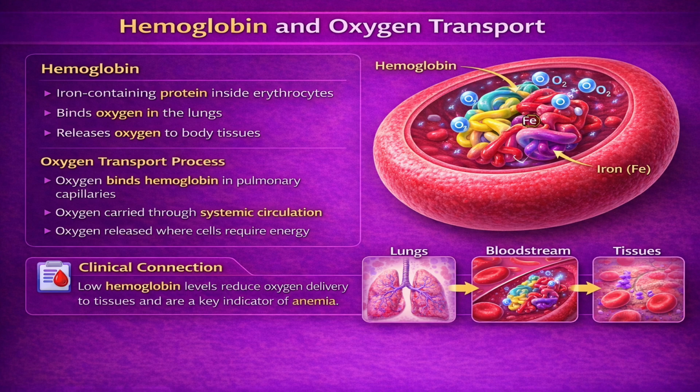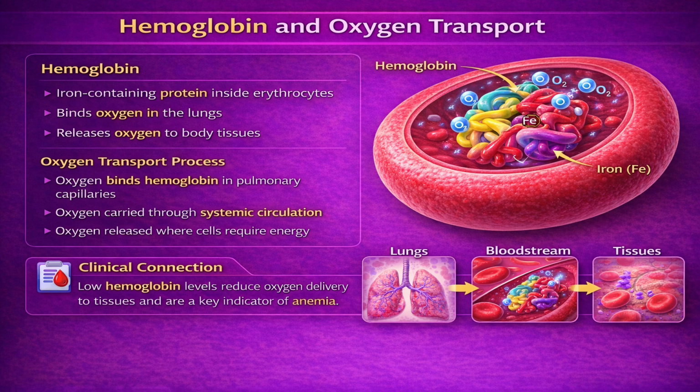In the lungs, oxygen enters the bloodstream through the pulmonary capillaries. At this location, oxygen molecules bind to hemoglobin within the erythrocytes. Once oxygen is attached, the blood carries it through the systemic circulation, delivering oxygen to tissues throughout the body.